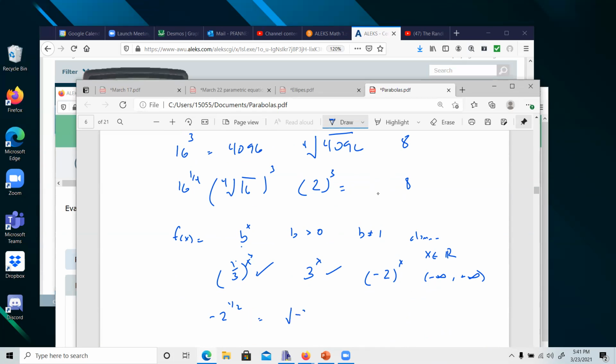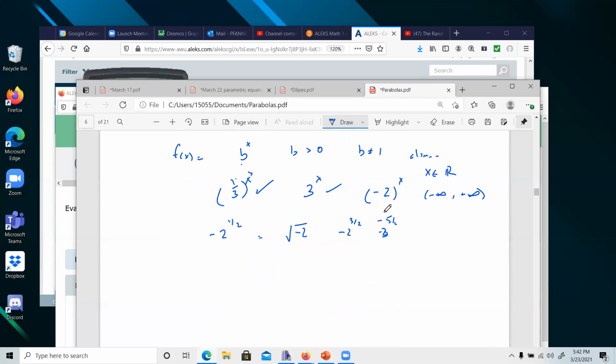So we get the square root of -2. Now, we know we did some complex numbers, but this isn't going to work, okay? Because you're also going to have -2 to the 3/2 and to the 5/2, because x can be any value. So if I looked at the graph of this thing, there'd be a lot of holes here, okay?